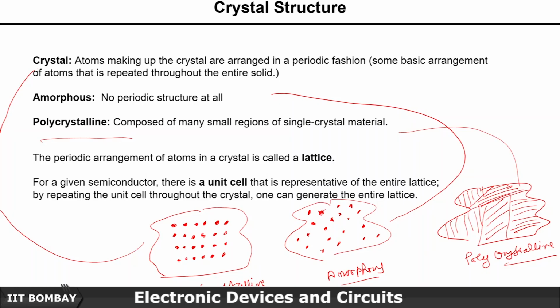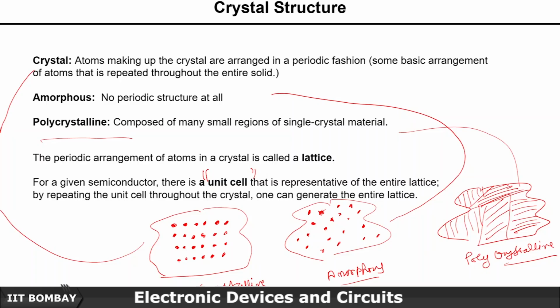So there is a basic arrangement which is being repeated over the entire material. One analogy, as I already mentioned, is a brick. The brick is the basic unit arrangement, and that is being repeated. This basic unit is known as the unit cell, and that is the representative of the entire lattice. This unit cell is being repeated to get the entire lattice.